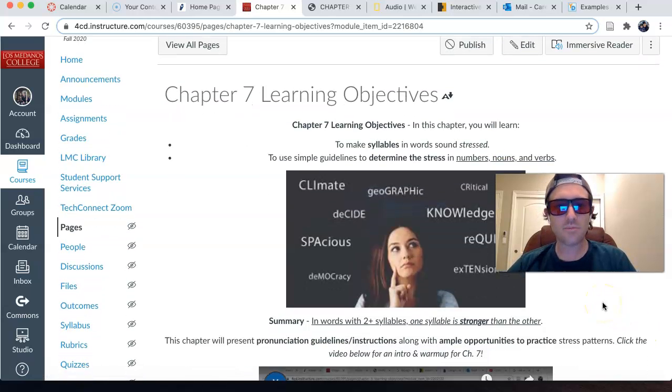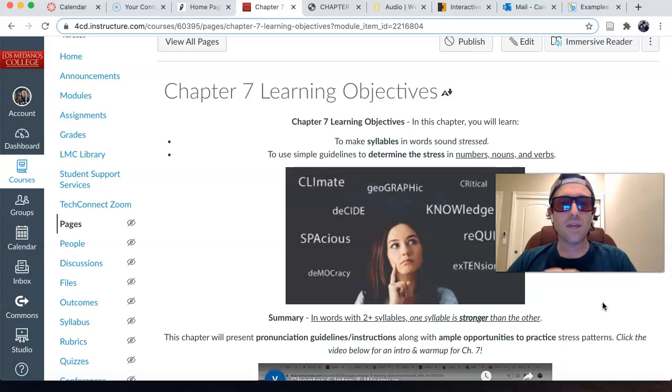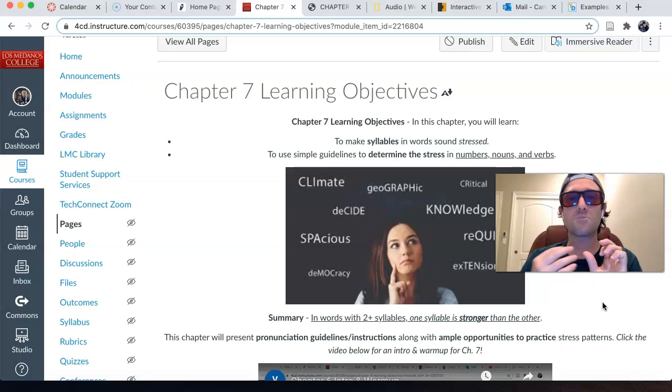The learning objectives for this chapter, as we said, are to make syllables in words sound stressed. We talked about this in Chapter 3. When we talk about stress, it's not like stress from school or stress from work or maybe even a relationship or a friendship. We're talking about stress, meaning that a particular syllable and the vowel sound in that syllable is pronounced stronger, clearer, more explicitly.